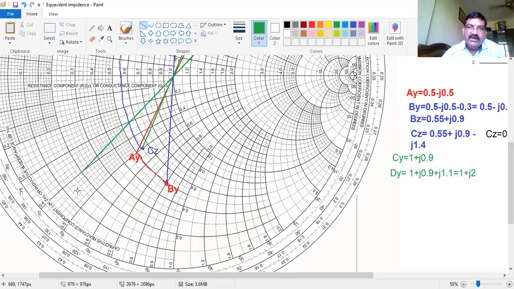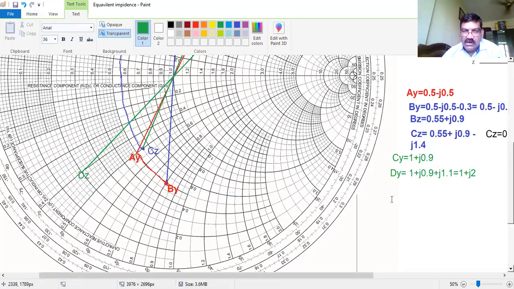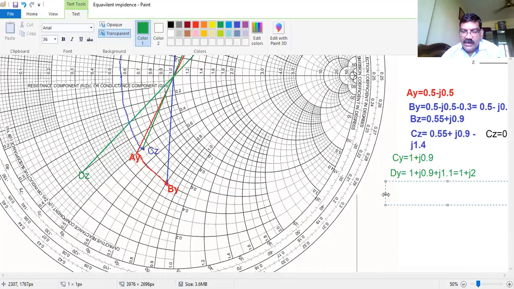Already I got the values, and you people are simultaneously doing it, so I'm getting help from you. So this is nothing but your point, this is DZ. I got the DZ. So I'll write the DZ value here.